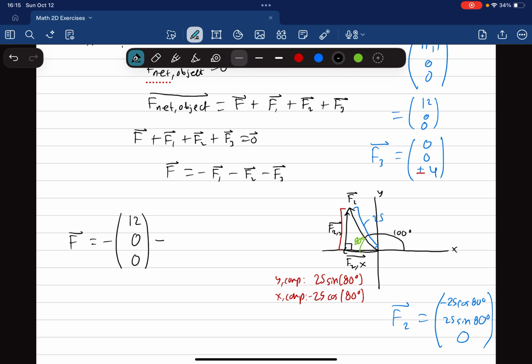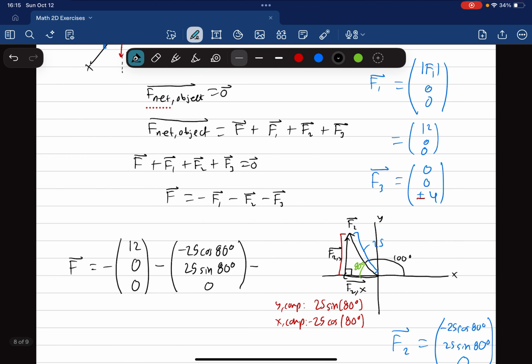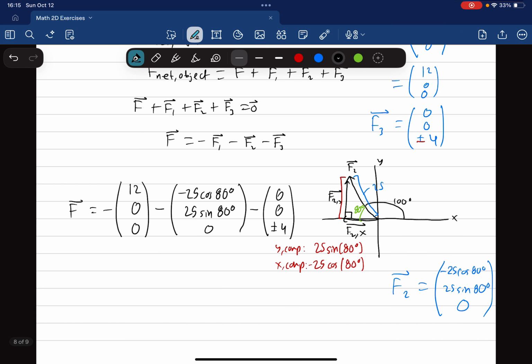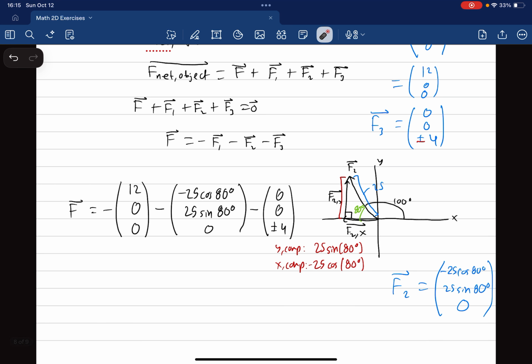F2, we just found it to be negative 25 cosine 80 degrees, positive 25 sine of 80 degrees, 0. And then F3 is 0, 0, plus or minus 4. And again, you'll see why this plus or minus doesn't end up mattering in the end.